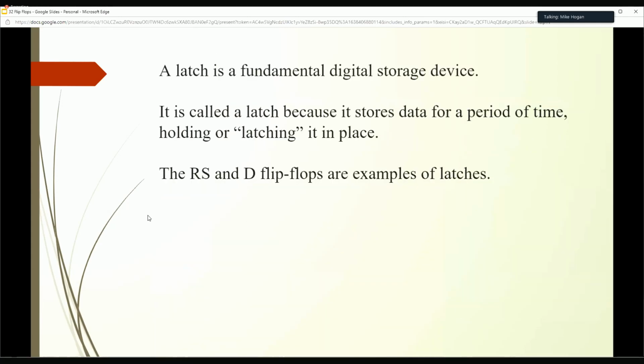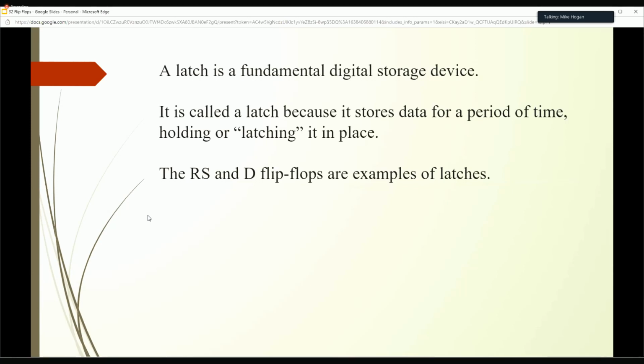All right, when we're talking about these latches, we say it's a fundamental digital storage device. We call it a latch because it likes to hold in place whatever the output is and lock it in. Right? We'll hold it in place. RS and D flip-flops are examples of latches.